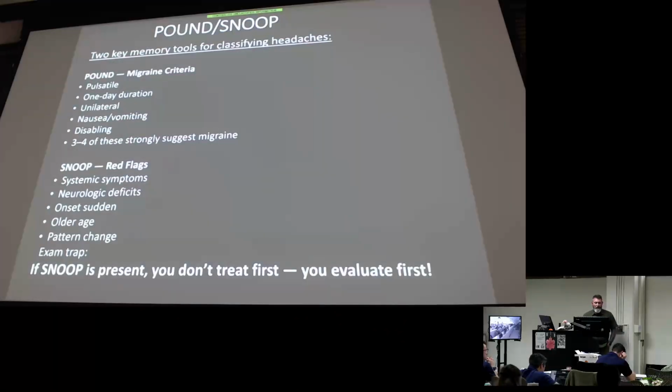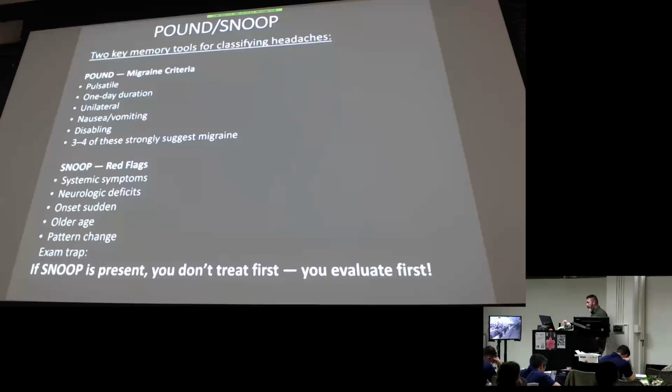So this is important. Know this acronym. It's not going to show up on your test like what is POUND or what is SNOOP. This is to help you classify primary versus secondary headaches, right? So POUND, we're going to say this is related to migraines, right? We're going to classify migraines. They're pulsatile. Usually they're about 1 day in duration. They're one-sided.